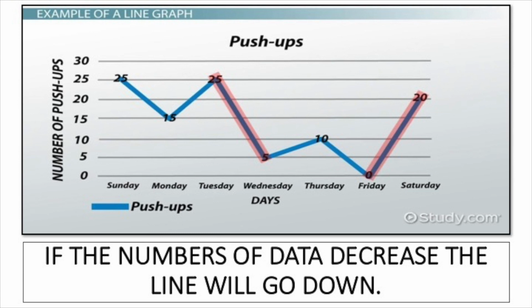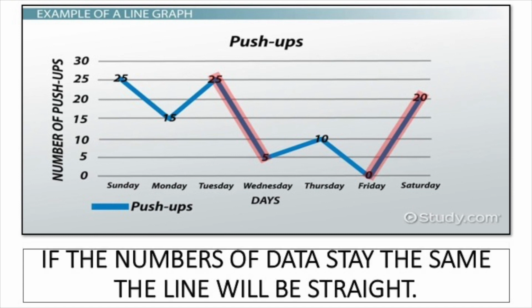If the numbers of data decrease, the line will go down. As is exampled here, you see, from 25 to 5, this line goes down here. So line going up means more data, line going down means less data.